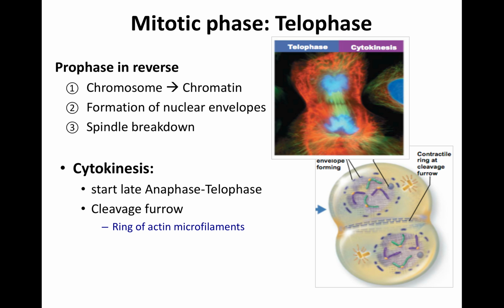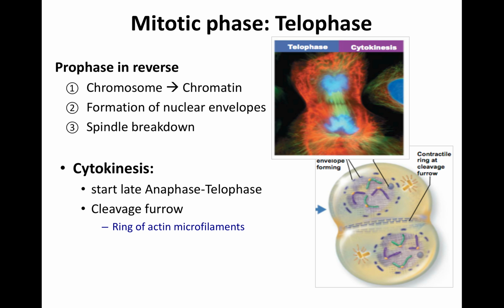Now, during the stage known as telophase, you have separated your genetic information into two cells, and now you want to return your cells to their original state, which means that the chromosomes need to be uncondensed to form chromatin, which is what happens. So you go again from visible genetic information to an invisible, quote-unquote, chromatin.